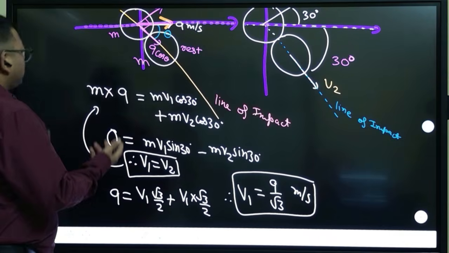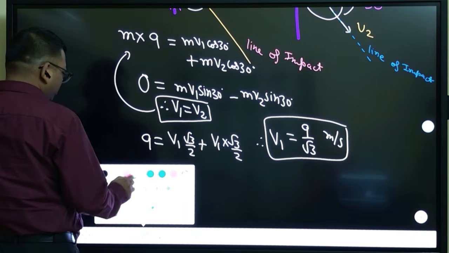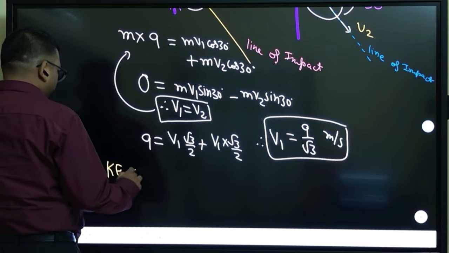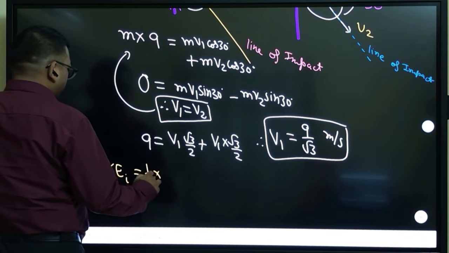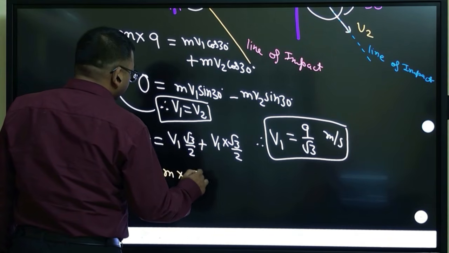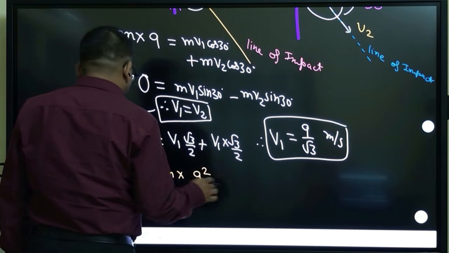Okay, then you calculate kinetic energy. To check whether it is conserved, you calculate the initial kinetic energy and final kinetic energy of the system. Initial kinetic energy of the system is half m, and the first velocity was given as 9, so 9 squared.